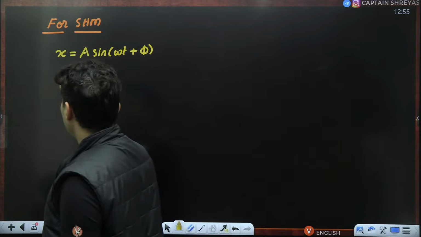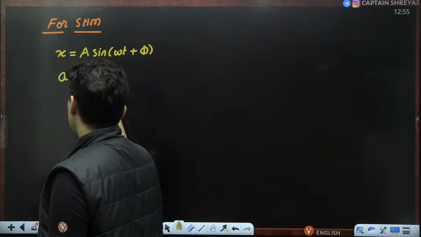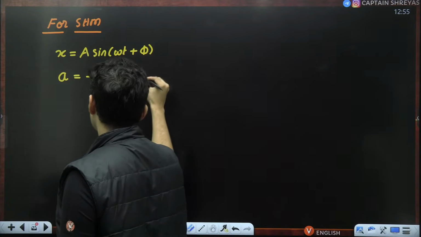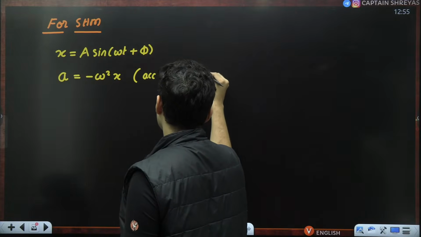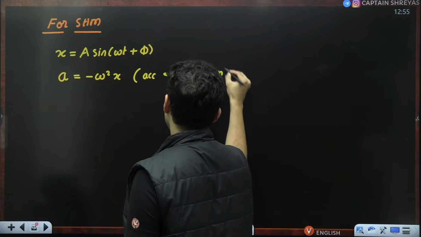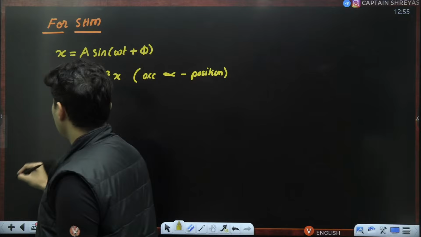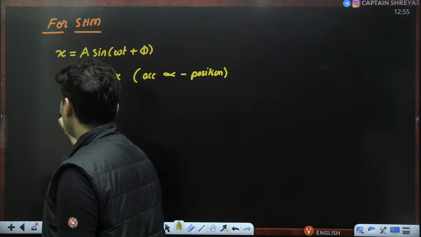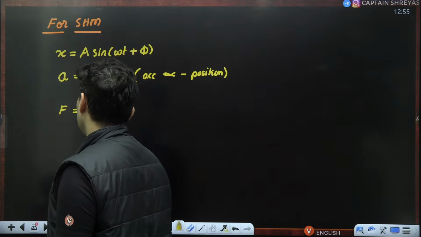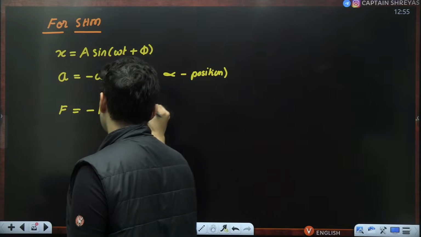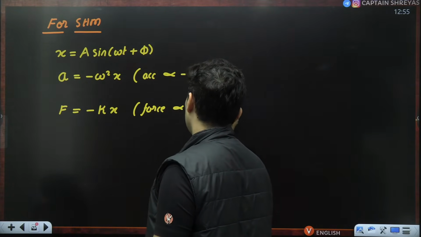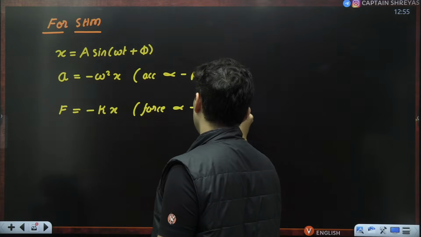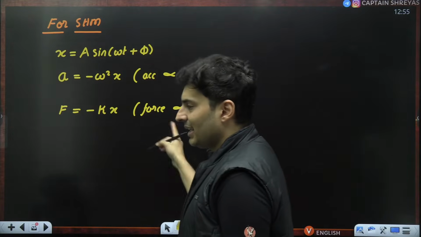Sometimes it will be given acceleration is directly proportional to x. That is, acceleration is directly proportional to the position. Sometimes it will be given to you the force is proportional to x. The force is opposite and proportional to the displacement. It is opposite, that's why the minus sign.